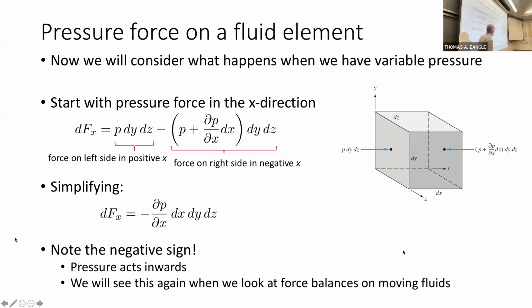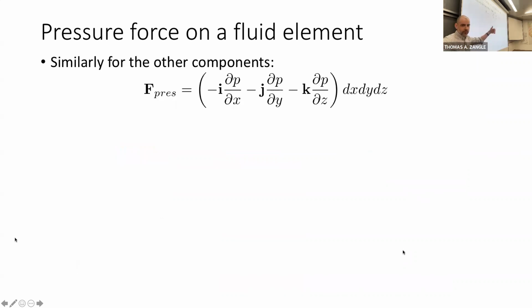We can do the same thing in y and z and get very similar results. So we can write out the vector components of the net pressure force on a fluid element as negative i dP/dx, j dP/dy, k dP/dz, and if we have an element of finite size, it's multiplied by the volume, dx dy dz.